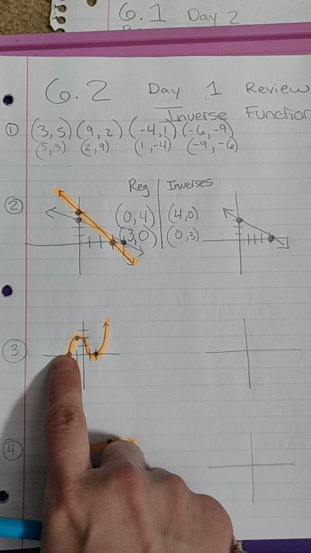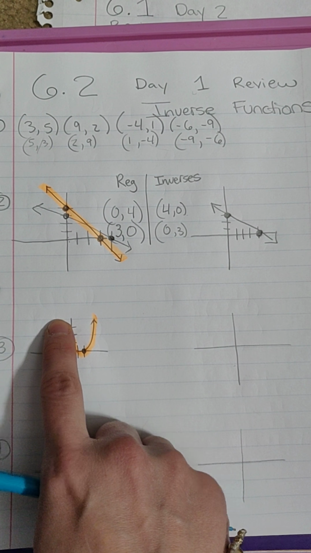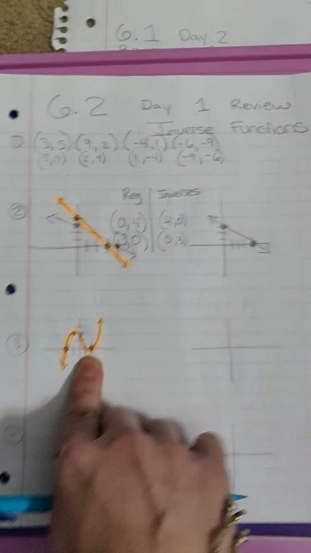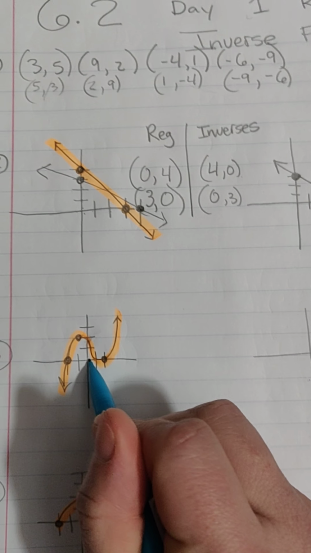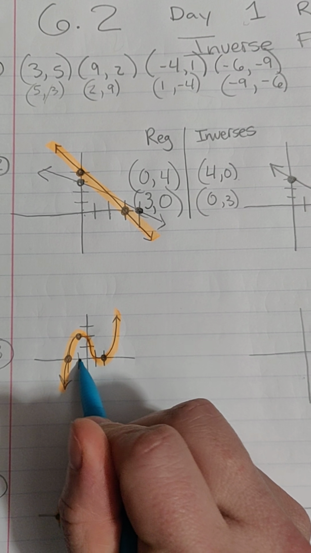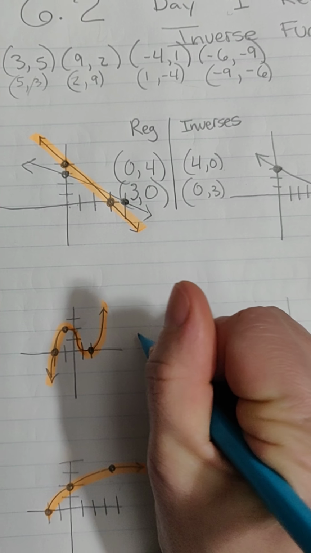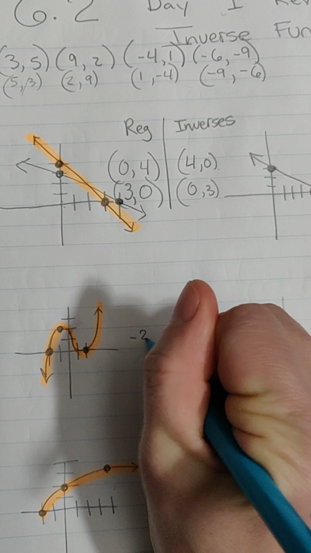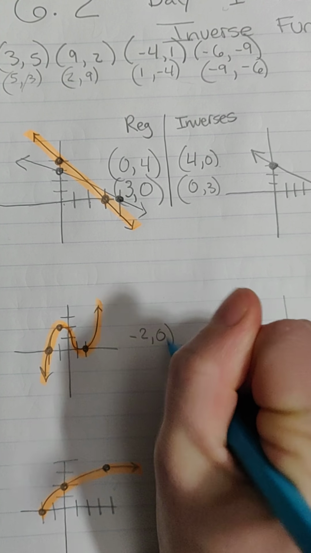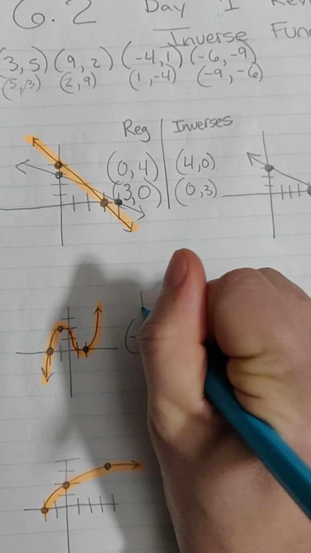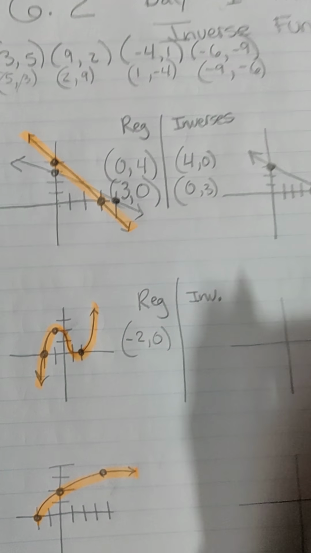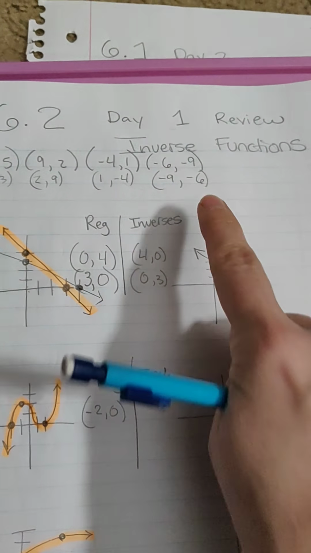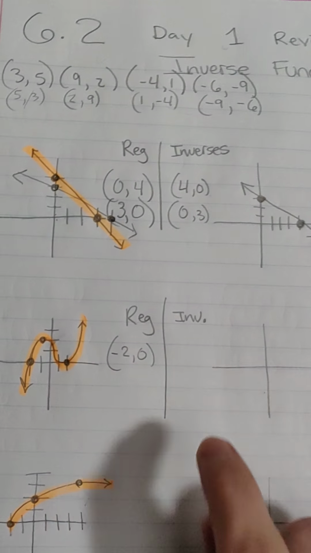Now I'm going to do one that's a little bit trickier, and what I did here was I found a point down here, the highest point here, and the lowest point right there. Again, I just list them as ordered pairs. Starting at 0, this goes -1, -2. So I've got -2, 0. I'm going to call these regular, and the other ones inverses, because we're finding the inverse functions.